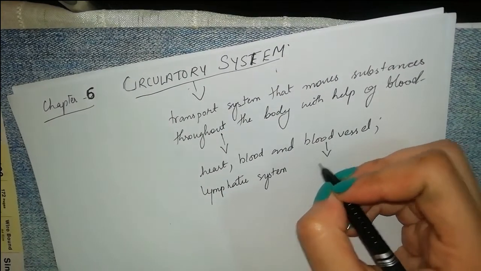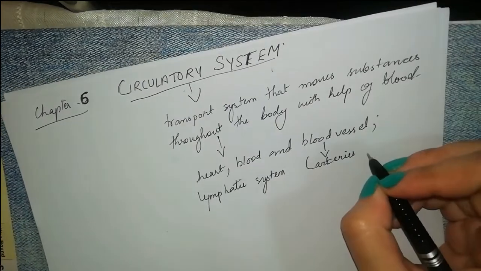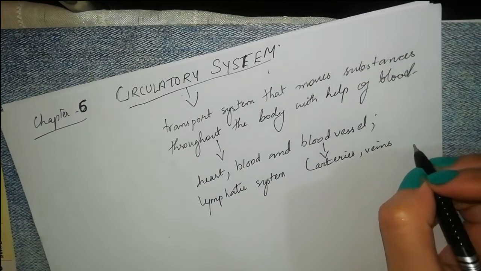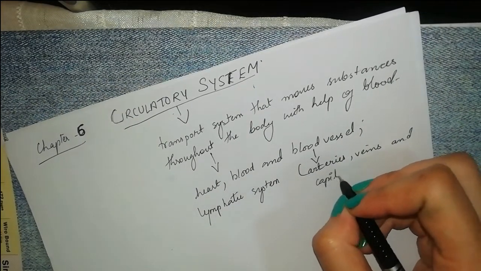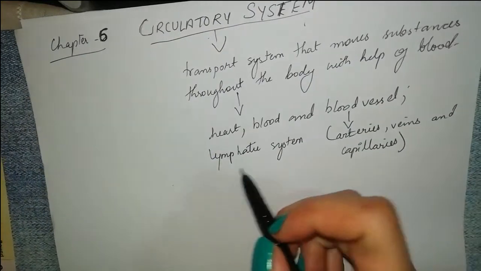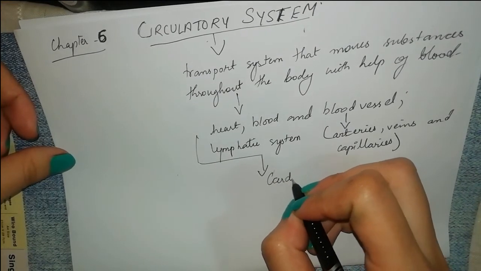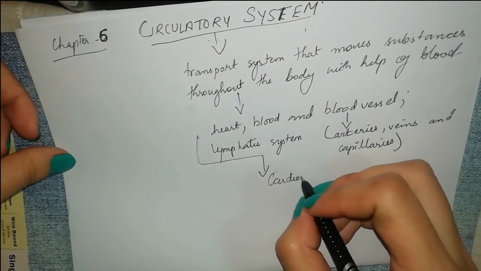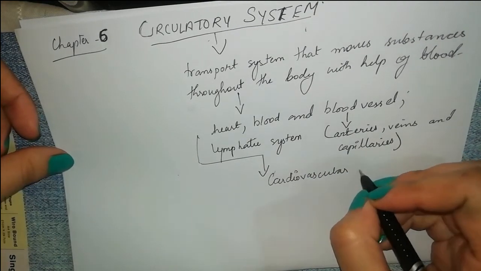Under blood and blood vessels, it includes your arteries, your veins, which are your blood vessels, and your capillaries. And this is known as your cardiovascular system.